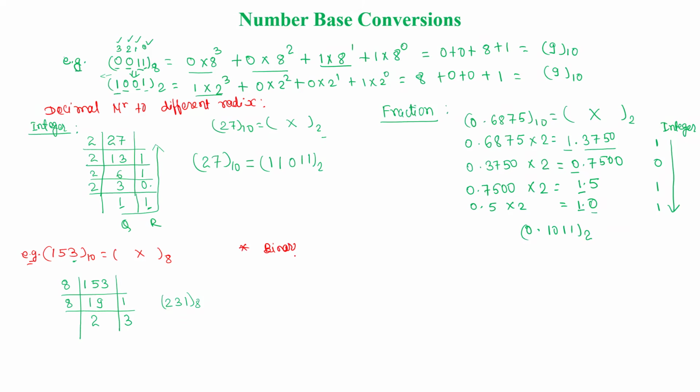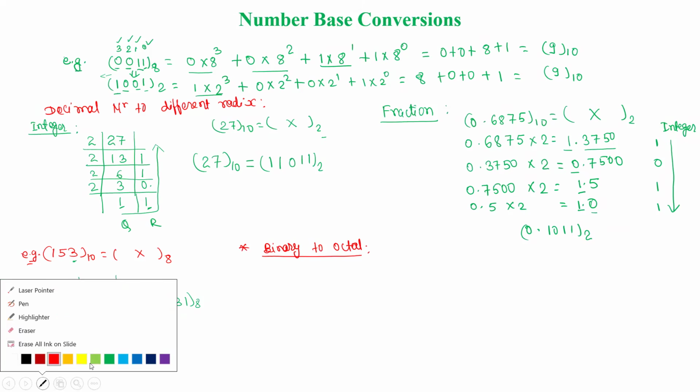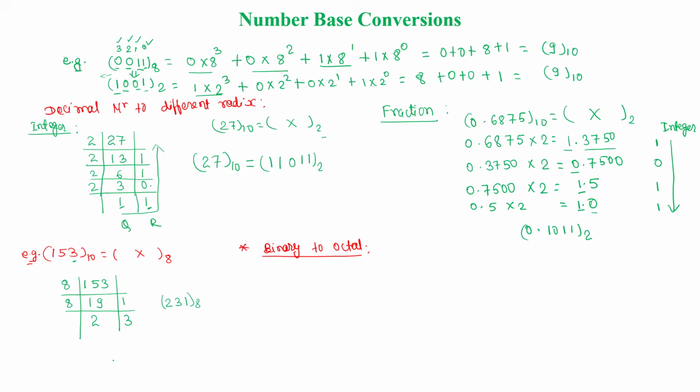The reason is that shortened patterns are easy to recognize. So now, binary to octal. Here we are going to take one binary number that we need to convert into octal. Binary radix is 2, octal radix is 8.